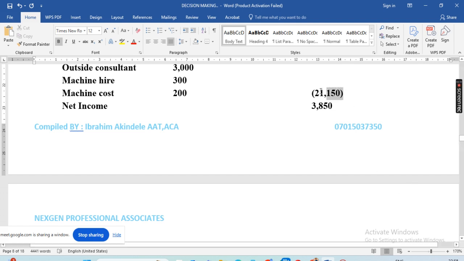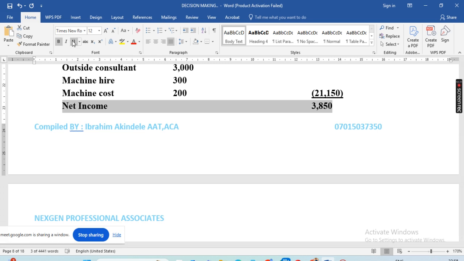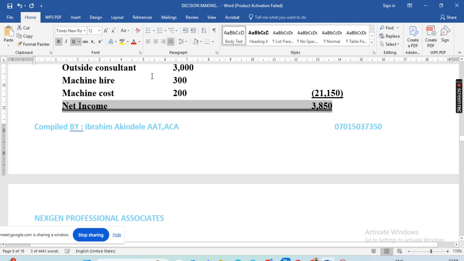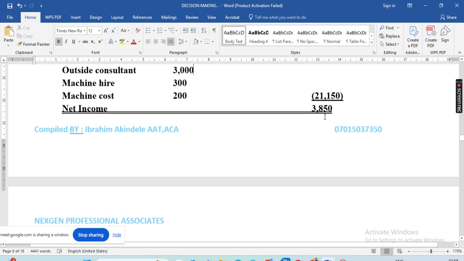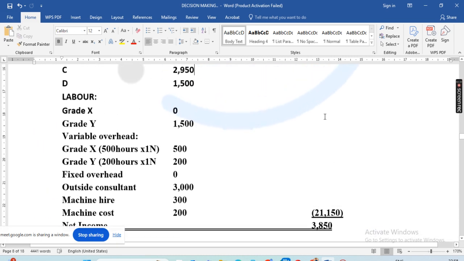The reason why you will accept is because the incremental income is higher than the cost. So therefore, the offer should be accepted. And that is what we call accept or reject offer.